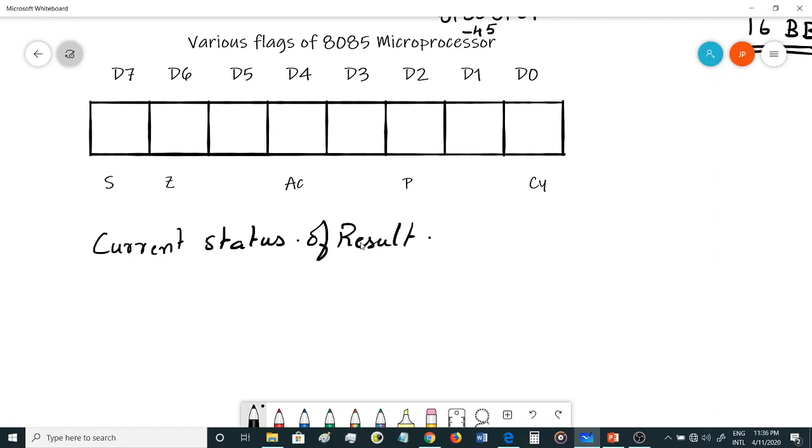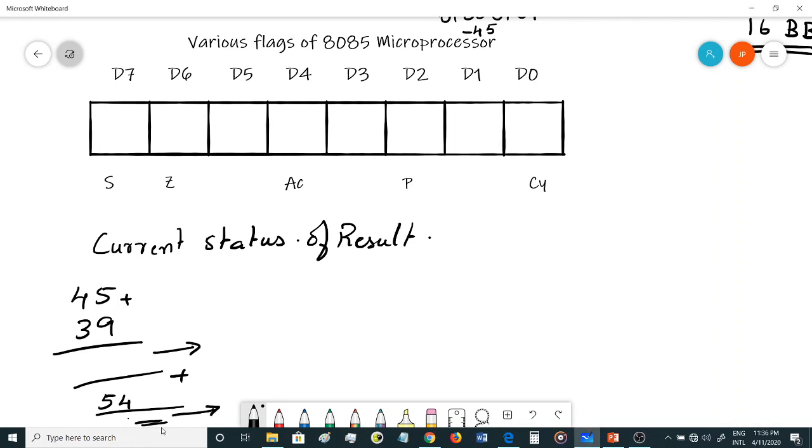Let's say you did an operation, let's say 45 plus 39, you got a result. Again you added some other value with 54, again you get a result. Then let's say you took another two numbers, 39 minus 25, again you got a result.